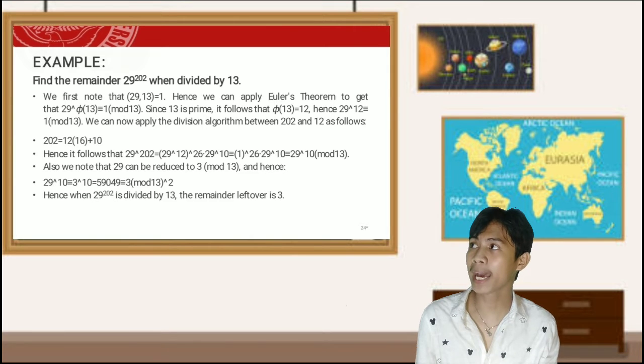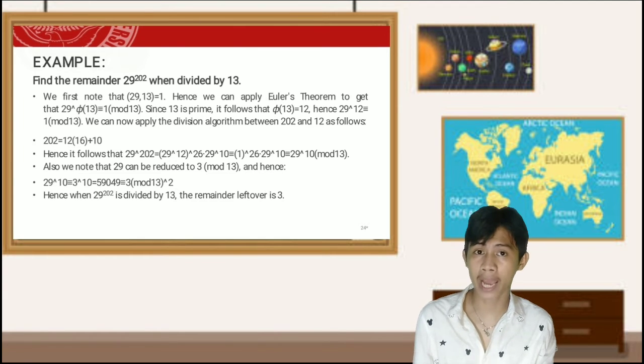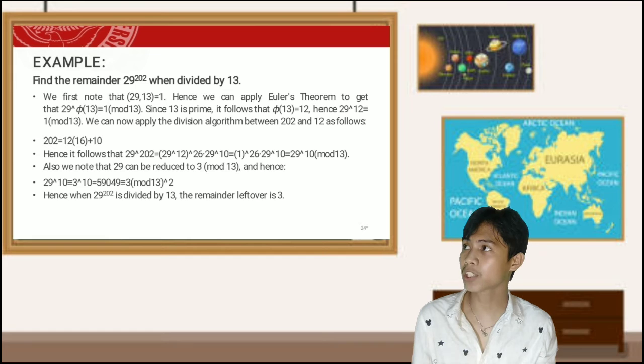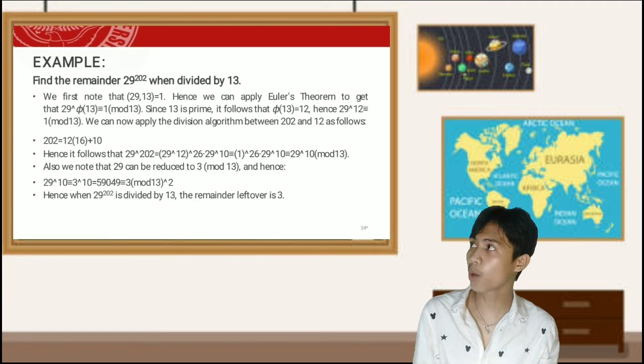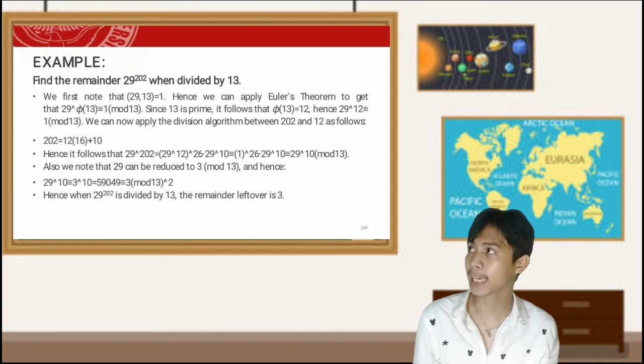Hence, we can apply Euler's theorem. Since 13 is prime, it follows that φ(13) is equal to 12. Hence, 29 to the power of 12 is congruent to 1 mod 13.